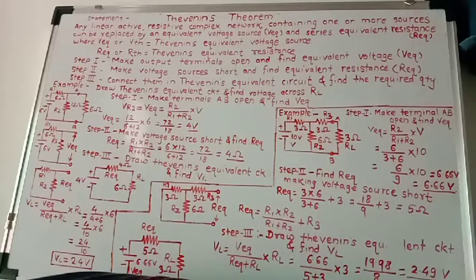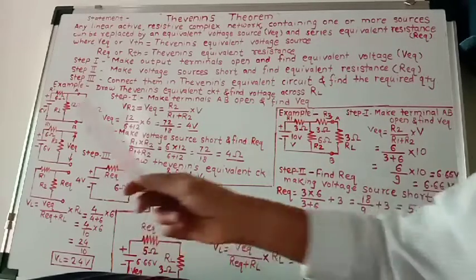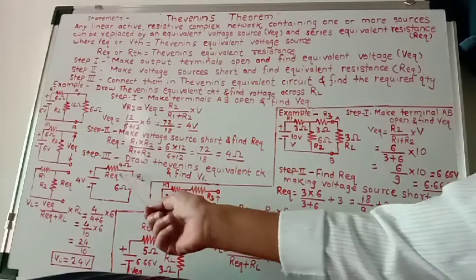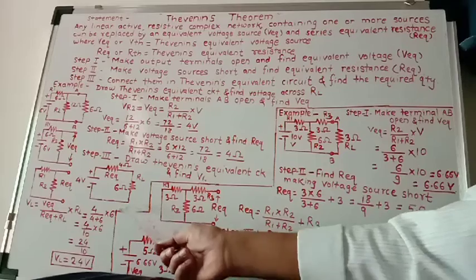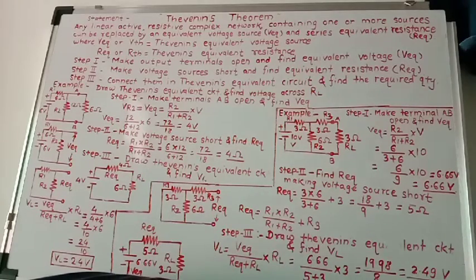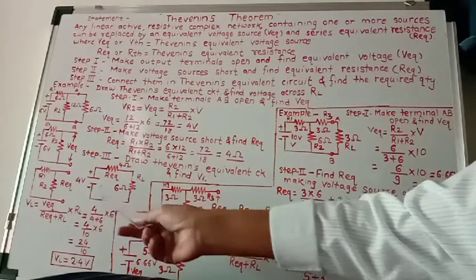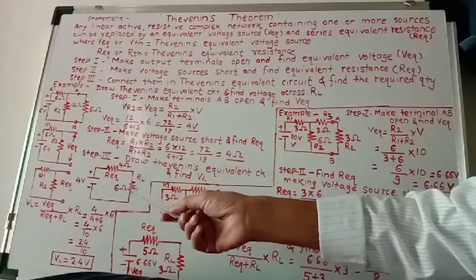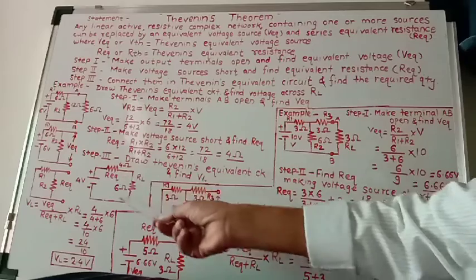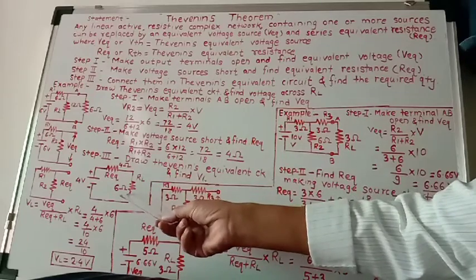So first of all, we should know the current through the circuit. According to Ohm's law, I is equal to V upon R. First we have to calculate the current, that is IL, the load current, the current flowing through RL. IL is equal to V equivalent divided by total resistance, R equivalent plus RL.